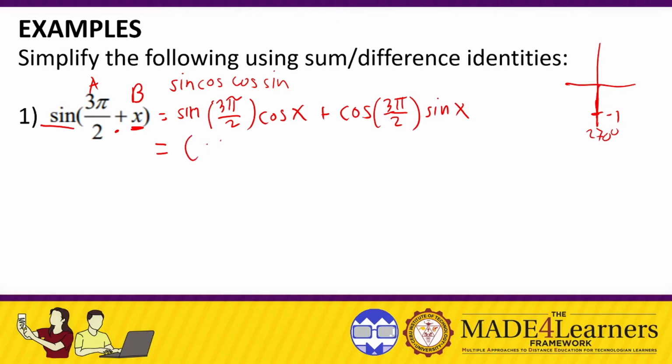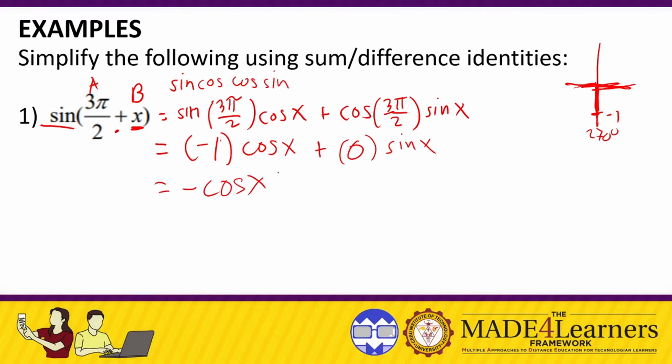So we have negative 1 times cos x plus cos 3 pi over 2. Since 3 pi over 2 is on the y-axis and cosine always refers to the x-axis, this is 0. So 0 times sine x, and this will give us negative cos x. So this is our answer.